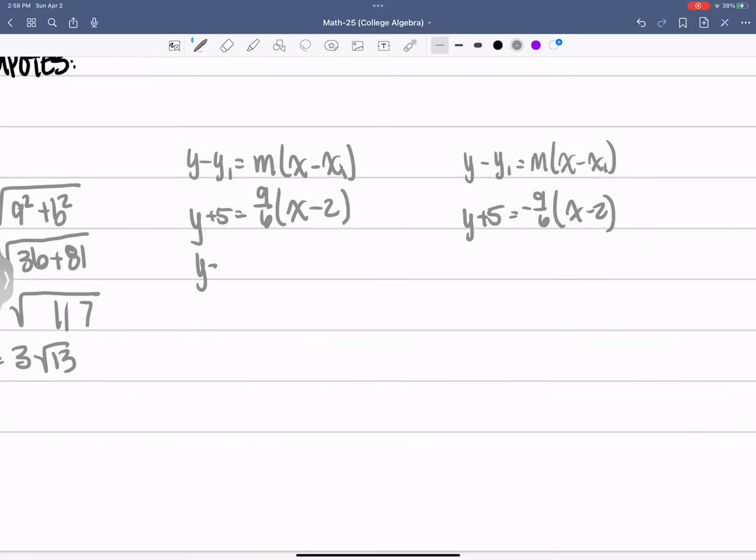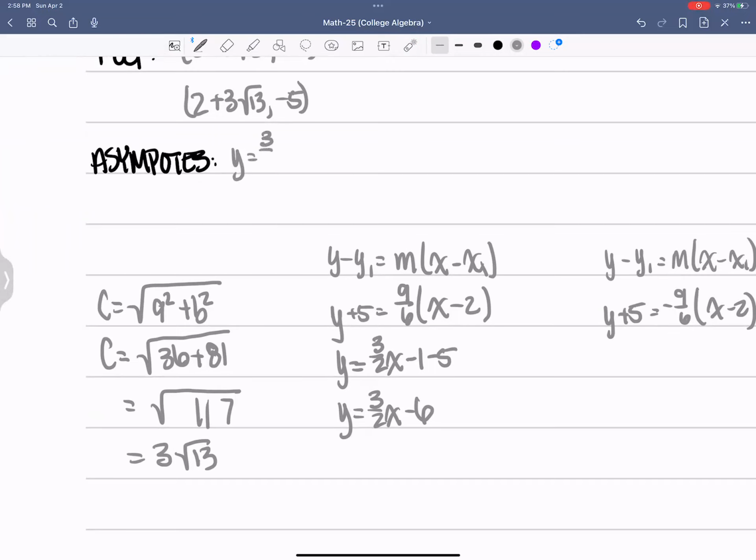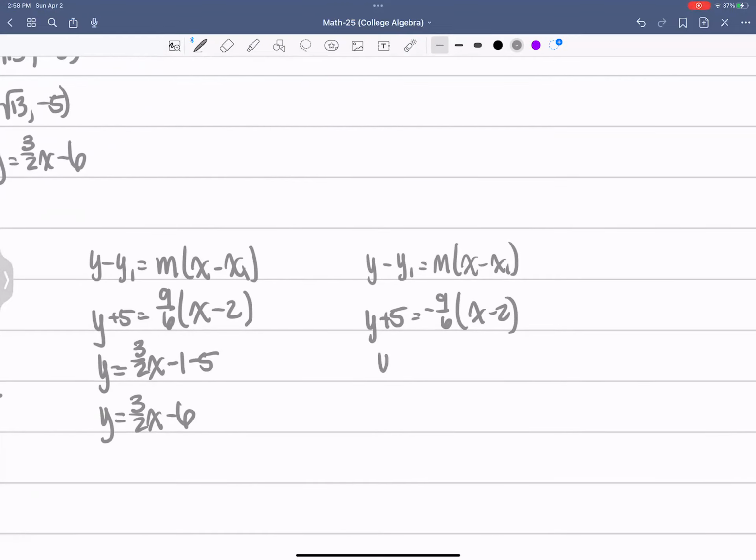So y is equal to 3 over 2x, that's going to be -3 minus 5. So our equation here, y equals 3 over 2x minus 8. That's one equation. And the other equation is whatever we get over here. So we have y is equal to, this time it's a -3 over 2 times x minus 2.